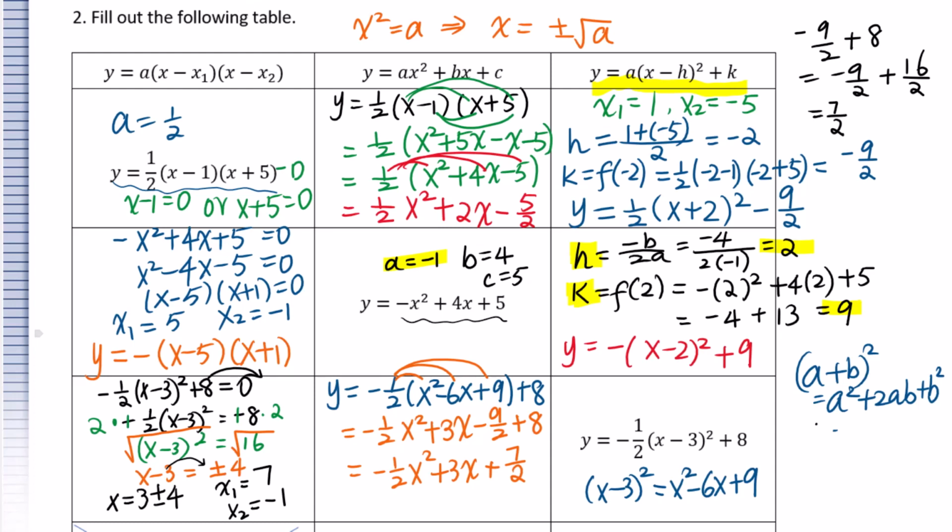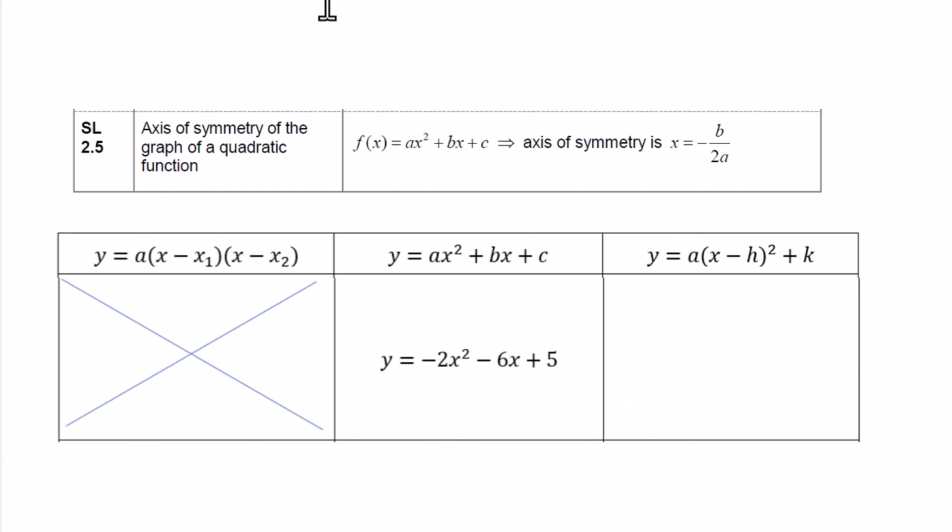After we get the roots, we can write down the factored form. y equals, a is negative 1/2, negative 1/2 times (x minus 7) times (x plus 1).